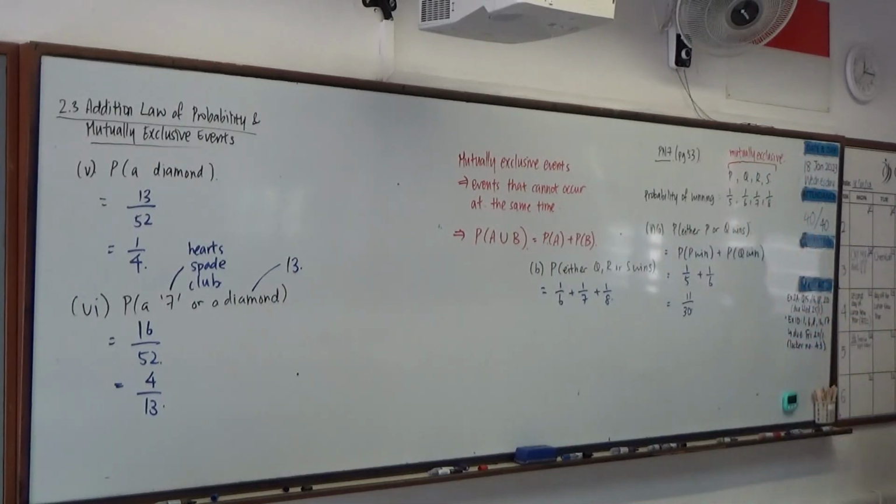So long as there's an overlap, it is not mutually exclusive. So let's say you getting A1 for your maths exam. Is it a mutually exclusive event? For example, Yue Yi getting A1 for maths versus Matthew getting A1 for maths. Are these two events mutually exclusive?